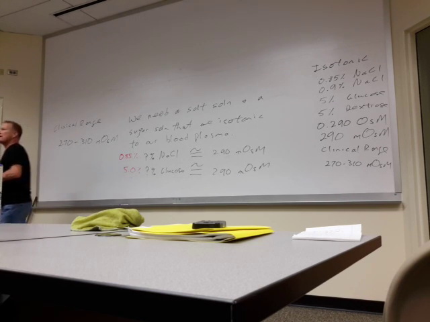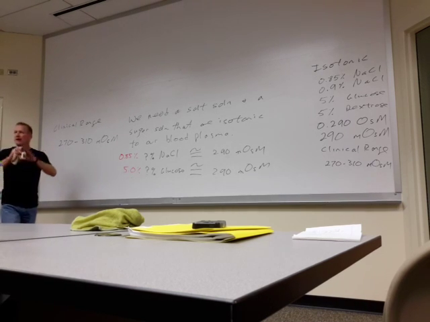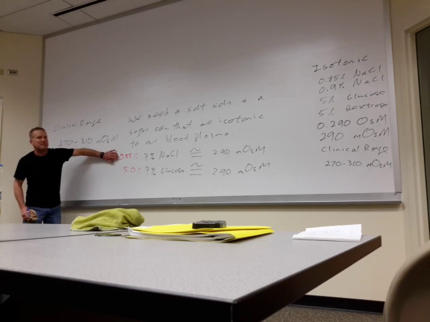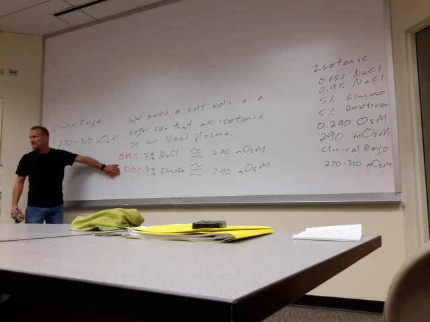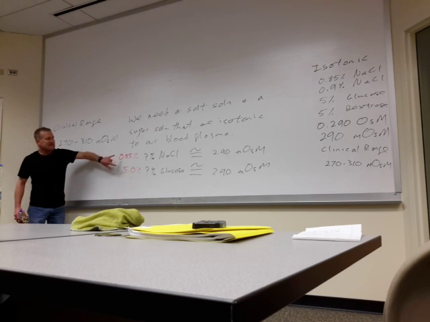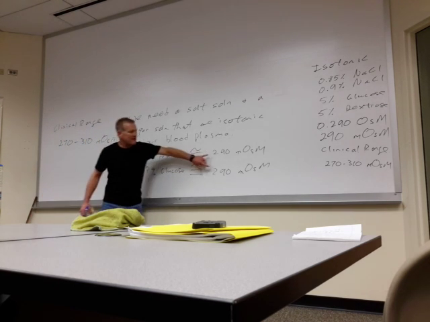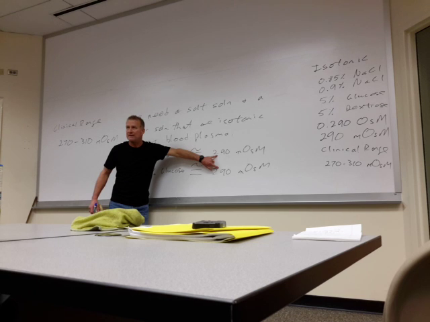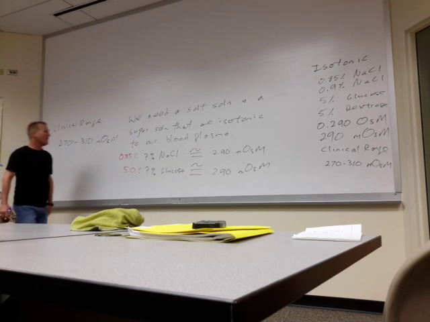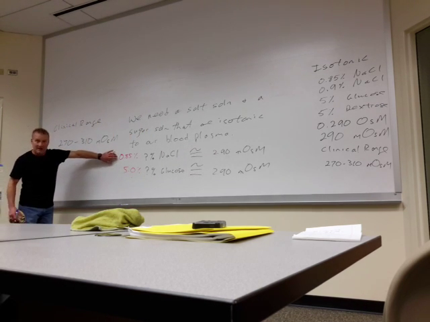Your cells, your plasma, nothing about you is 0.85% salt. Nor are you 5% glucose. We use these numbers because they equal 290. You are nowhere near 0.85% salt or 5% glucose.